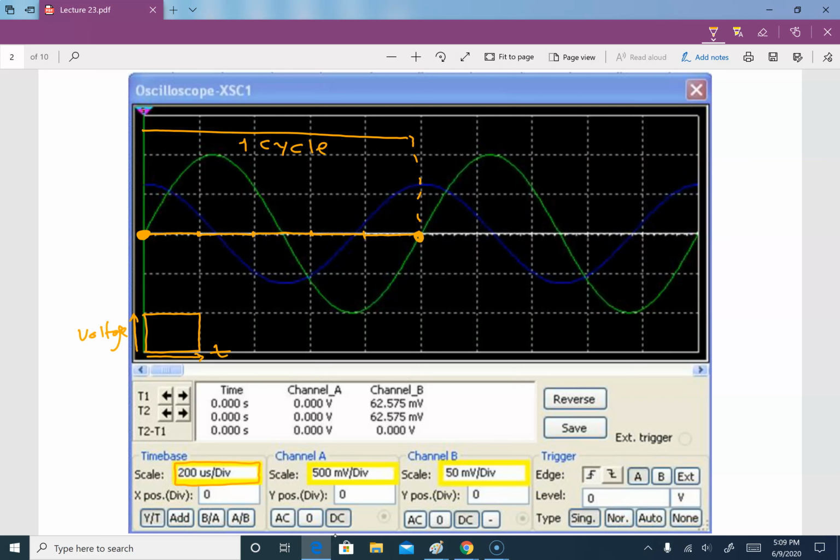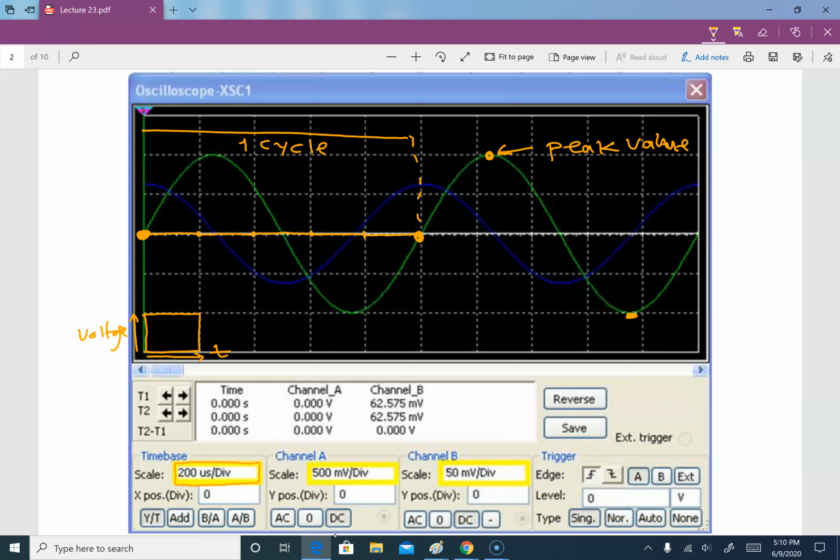When the sinusoidal waveform reaches its peak, we call this value the peak value. When we reach this value over here, that is the peak value in the negative, because as you know, if the average of the sinusoidal waveform is 0, then it is alternating between positive and negative.